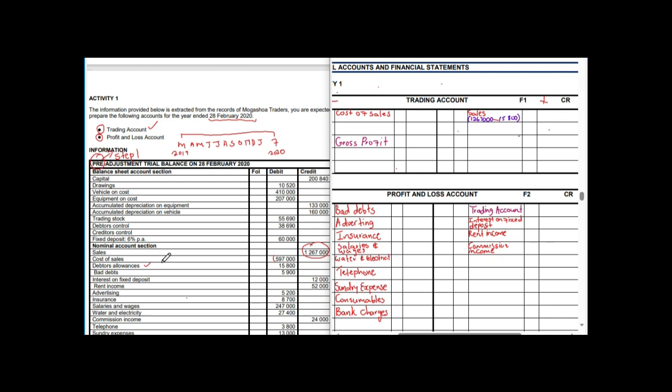Under cost of sales, again from our pre-adjustment trial balance, we have 597,000, and we record it under our trading account as 597,000. Then we take our sales, 1,267,000, subtract 15,800, which is subtracting the debtors allowance, and we have 1,251,200.